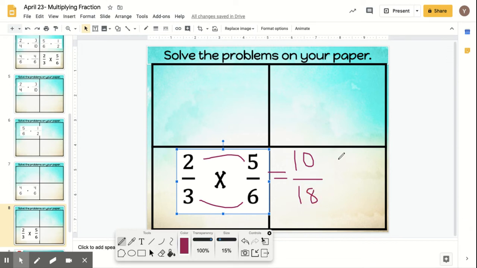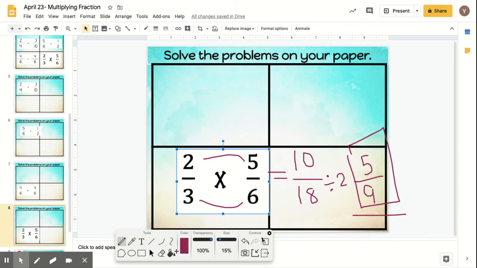Again, they're both divisible by 2. So 10 divided by 2 is 5, and 18 divided by 2 is 9. And that is my final answer. So again, if your answer was 10/18, then you multiplied correctly, you just forgot to simplify. Your final simplified answer should be 5/9.